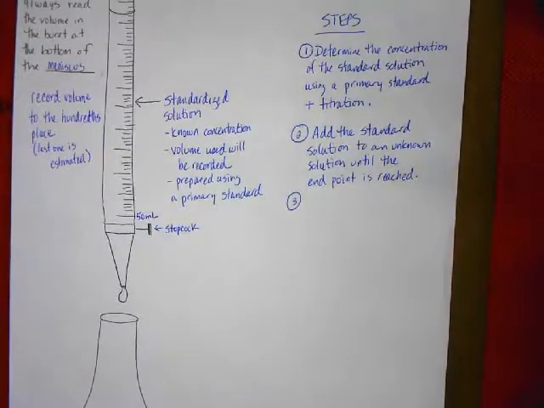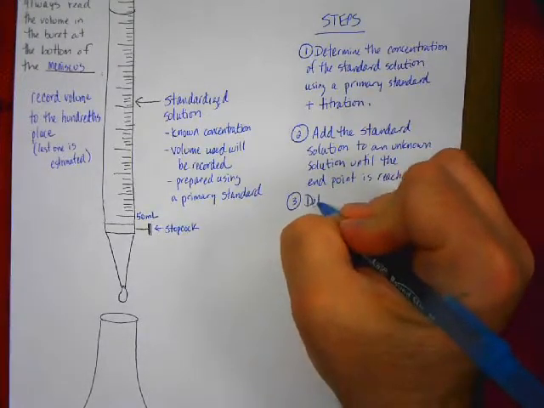And once we know that endpoint, we can use stoichiometry to calculate the unknown substance and its concentration. So that's our last step.